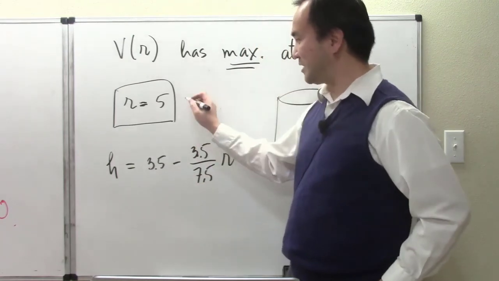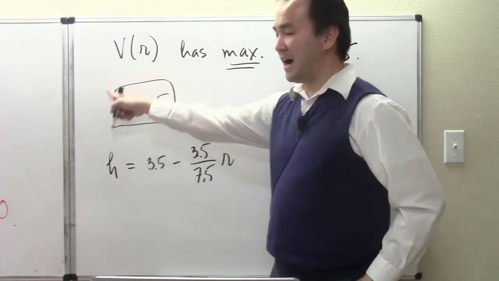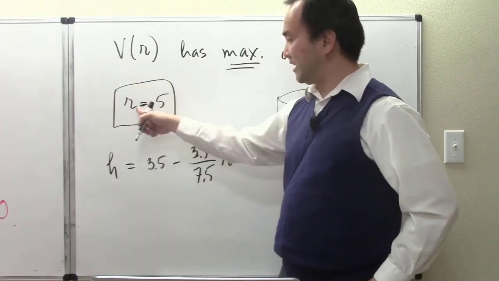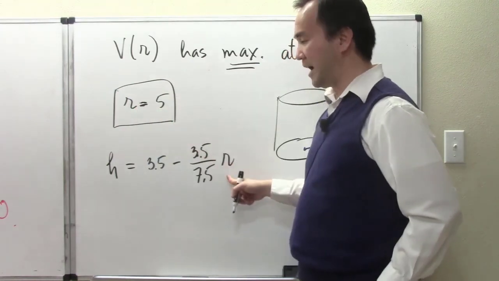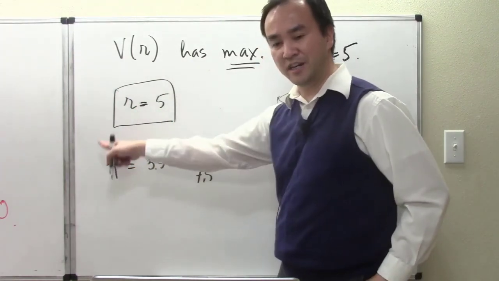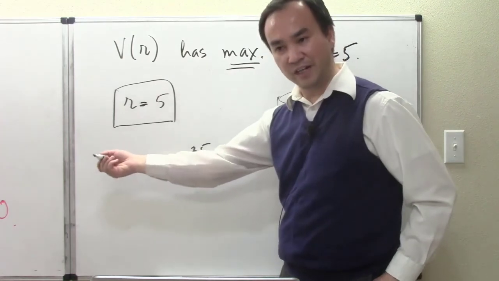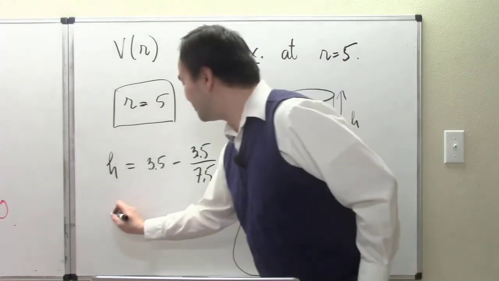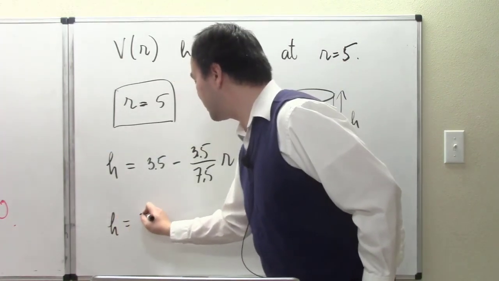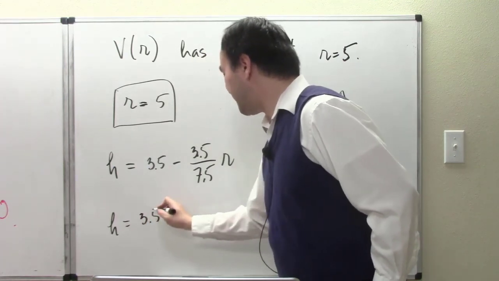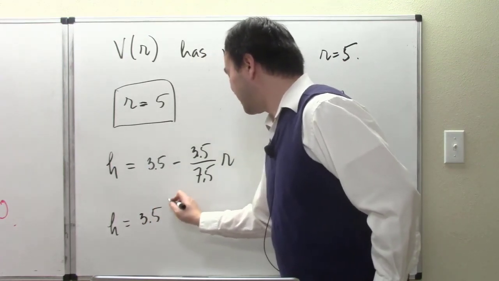And so now what's good about having found R equals 5 here? Now we can just substitute R into our expression for H to find the value for H, and there we find the other dimension. So now H equals 3.5, and maybe I should factor out the 3.5 again.